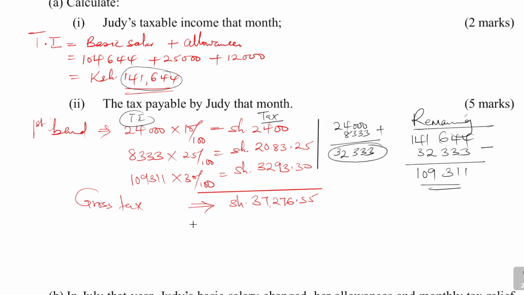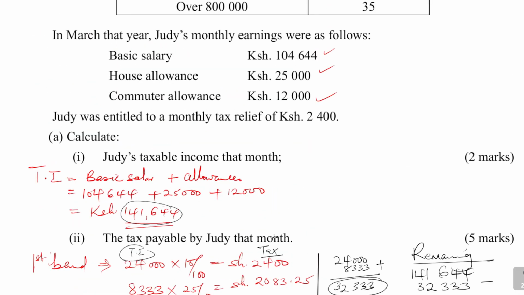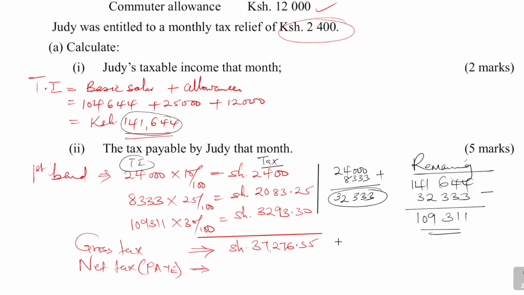Now remember, we need to get the tax payable by Judy that month, so we need to get the net tax, also known as the PAYE. To get the net tax, we less the relief. We have the relief as 2,400, which is a monthly tax relief.